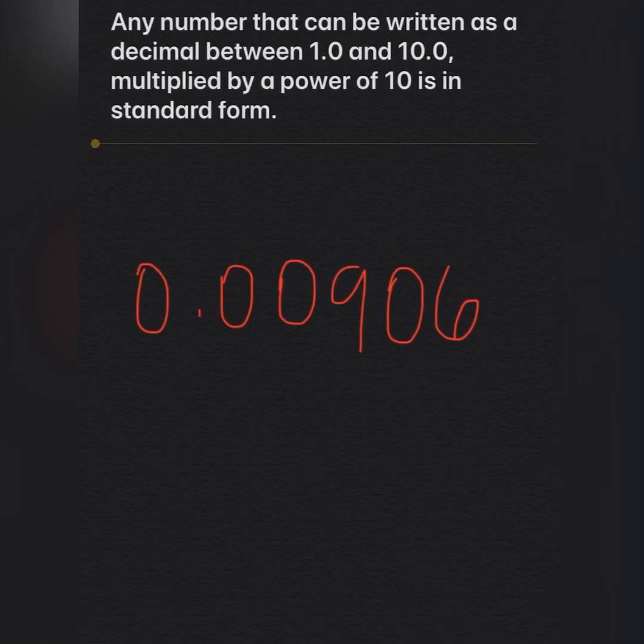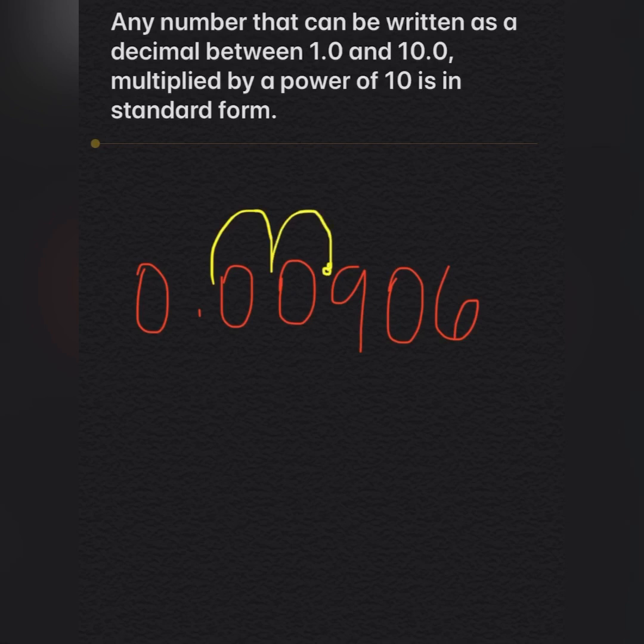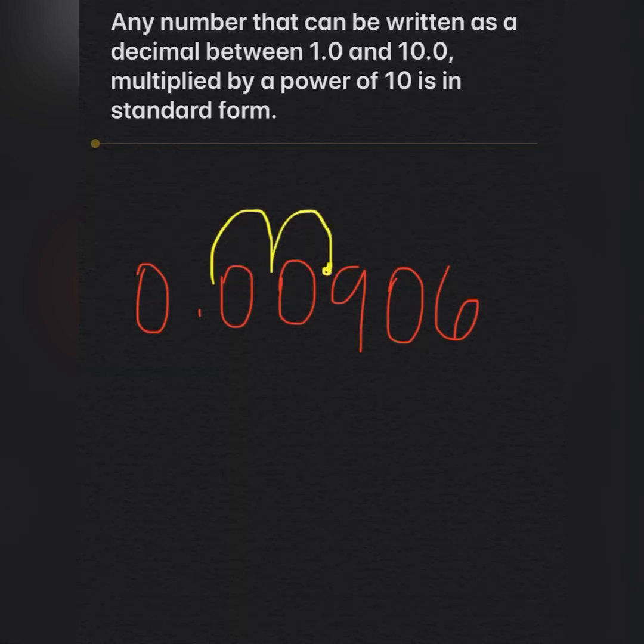Now let's look at this example, 0.00906, and we need to write it in standard form. The first thing to do is to change it to a number between 1 and 10, so let's move the point. If we move it here and here and stop, 0.9 is not 1 or more, so we have to move it again.